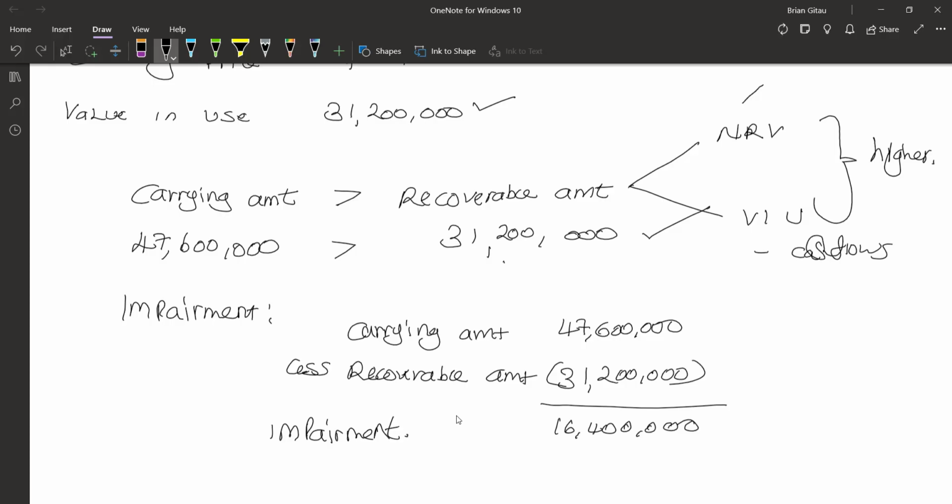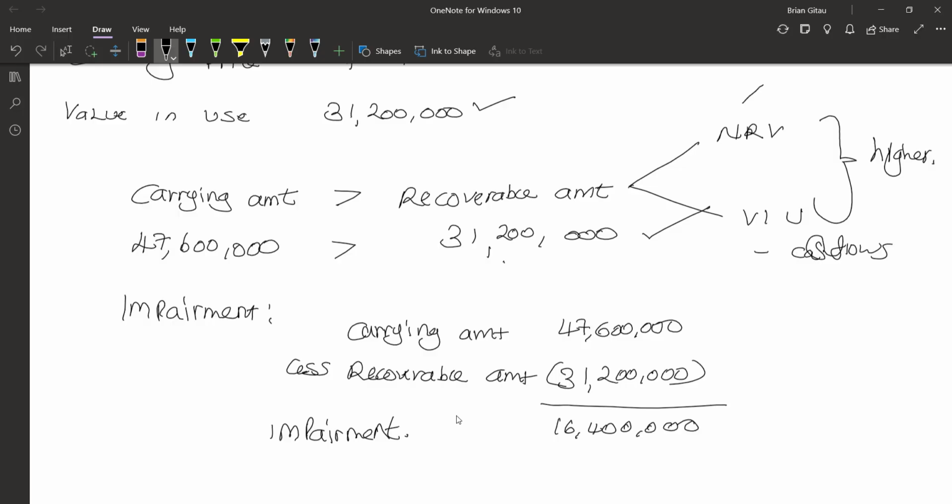Let me take you back towards the beginning of our lesson on impairment. We said that if a cash generating unit has goodwill, one of the components of a cash generating unit, we need to write it off.